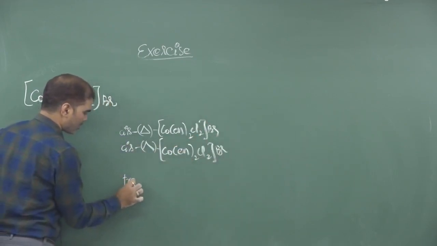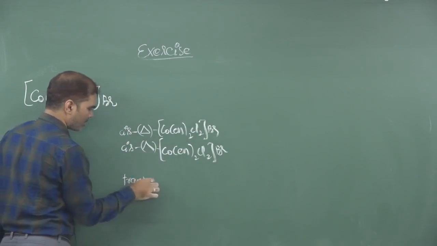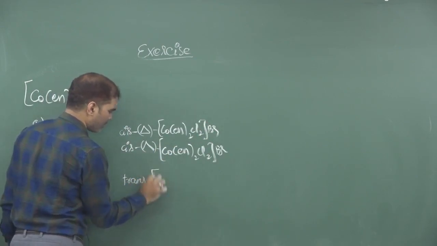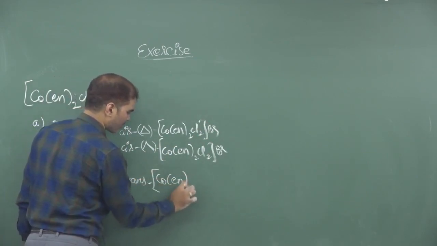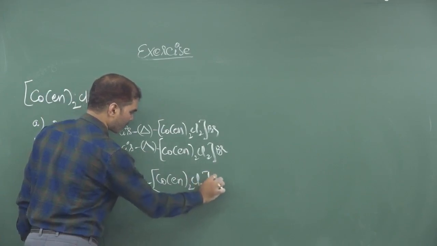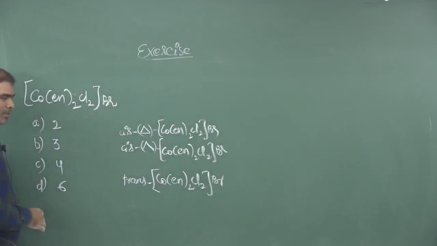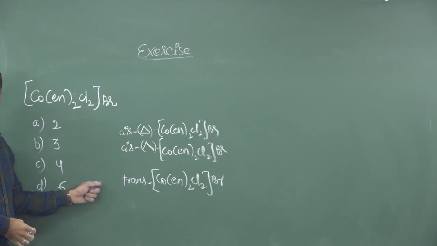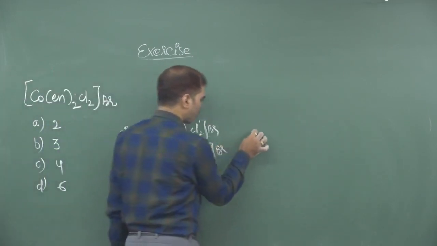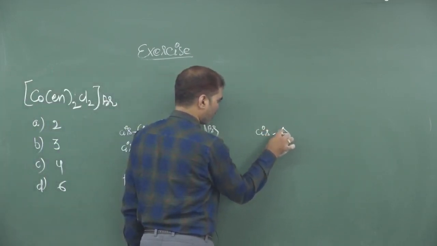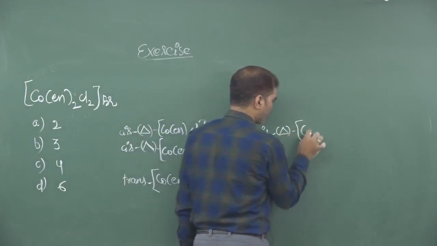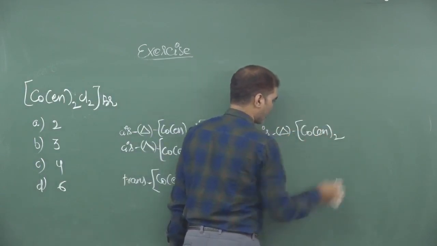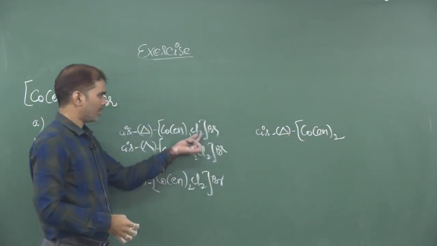One will be trans delta or lambda? No. How many isomers did I get? 3 isomers.